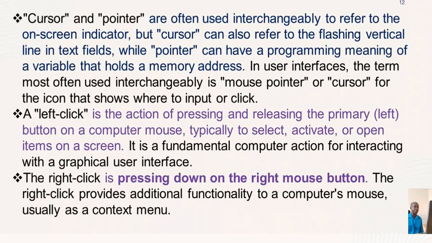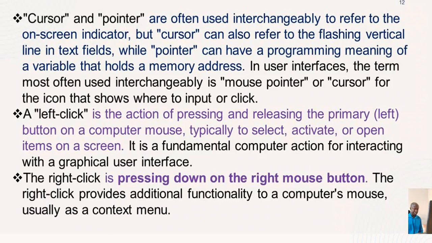Okay, a cursor and a pointer are often used interchangeably to refer to the on-screen indicator, but a cursor can also refer to the flashing vertical line in text fields, while a pointer can have a programming meaning of a variable that holds a memory address.